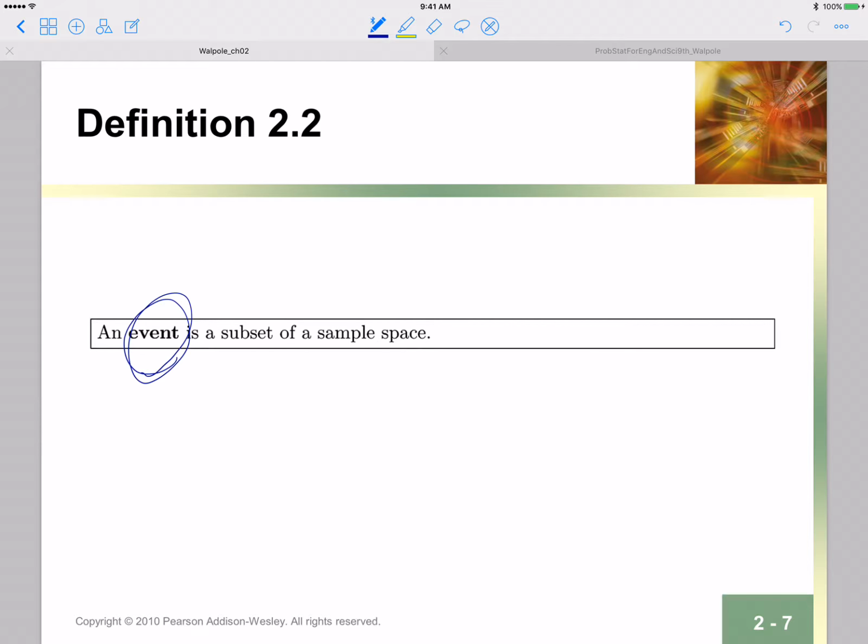So an event is basically a subset of the sample space. Our sample space, we can view it as a universe because that covers all the possible cases. So we can think of it as the universe set, or in Korean it can be called 뭐라고 부를 수가 있죠? 전체 집합. 네, 전체 집합.